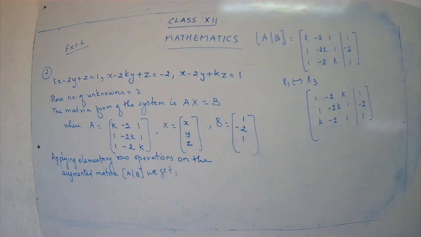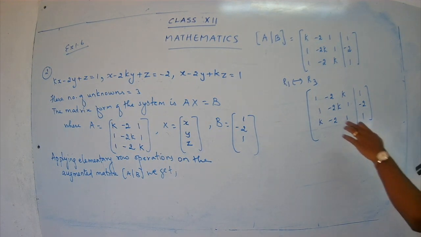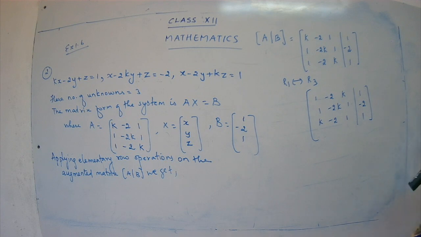What are we doing? We are interchanging row 1 and row 3, so that I get 1 as the first element. You may ask, ma'am, 1 is there in R2 also, why are you not interchanging 1 and 2? If we interchange R1 and R2, it's right, there's no problem, because every time we cannot remember all the steps, so sometimes we apply our own calculations.